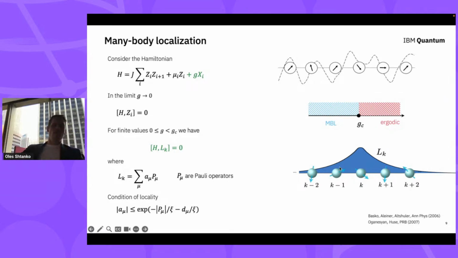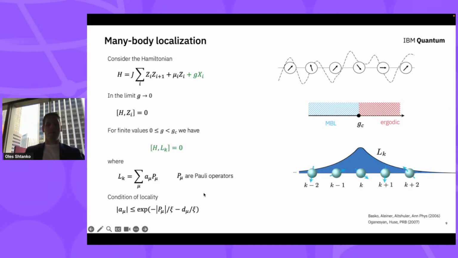Then as you go farther and farther from the center, your weights go down and down and down. So this means that essentially this operator is mostly sitting on a few qubits. And you have many of them, as you have many Z operators. So by discovering these operators, you can describe your quantum system completely, at least at the level of eigenstates.